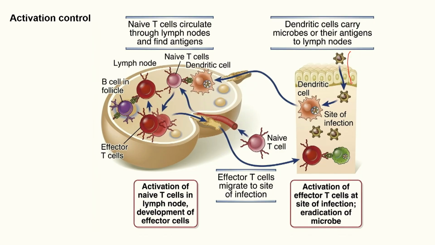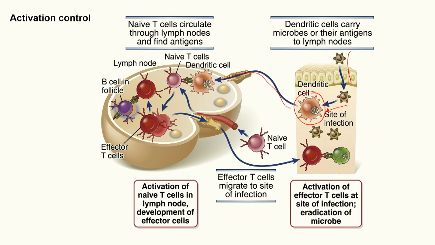Once the pathogen is entering through the body cavity into the mucosa and submucosal layer, there are very specialized cells called dendritic cells. These cells engulf the pathogen right at the site of entry, and come into the lymph node.